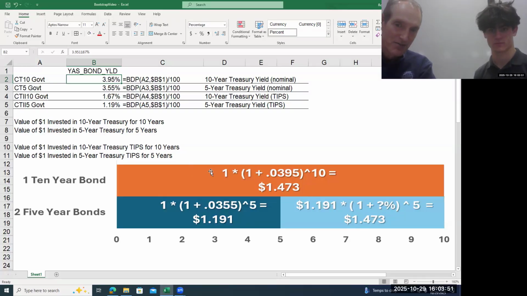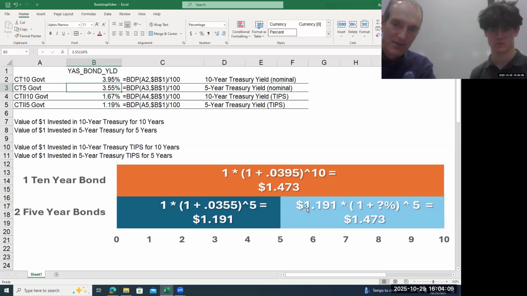So we had it set up here. So if you invested $1 at 3.95% for 10 years, in 10 years, you'd have $1.473. If you buy a 5-year bond and make 3.55 for 5 years, in 5 years, you have $1.191.